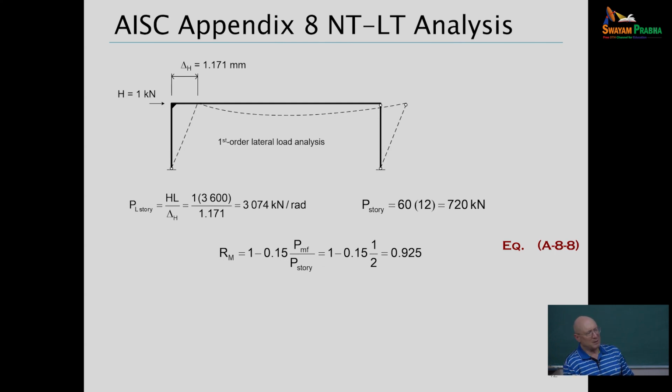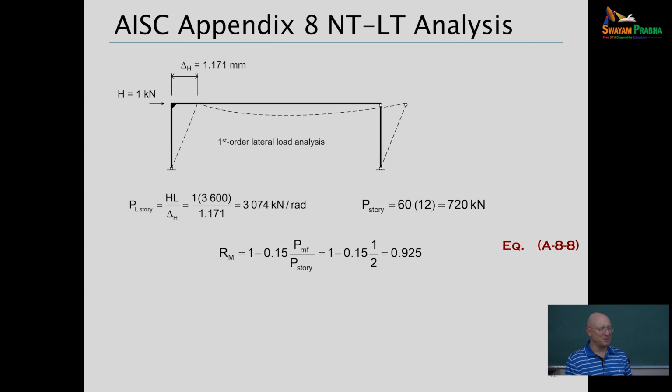But a reasonable approximation here is that the column on the left is a moment frame column, and it's taking half of the vertical load, approximately. And then P story is the total vertical load. So P_MF over P story is essentially 1/2 here, just a simple approximation. So I get an R sub M of 0.925.